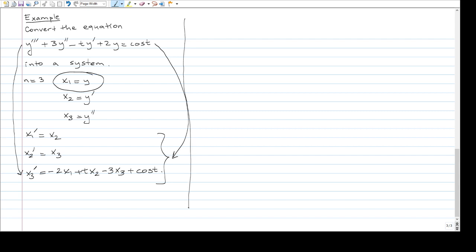Now, we are going to remember how we worked with systems. We write it in the matrix form. So in matrix form, our unknown x is a vector now. It has three components, x1, x2, x3. The matrix A is the matrix of coefficients in the system.